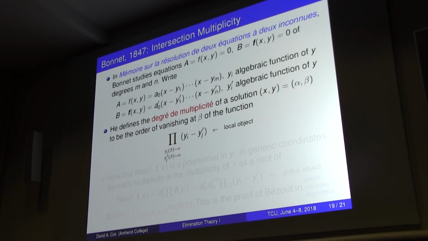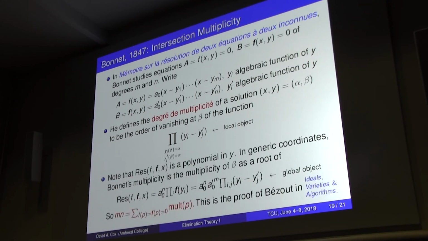I just pick the ones that actually give the same x value as this one. So this is a local object: how many solutions correspond to this particular solution right here. He calls that the multiplicity.